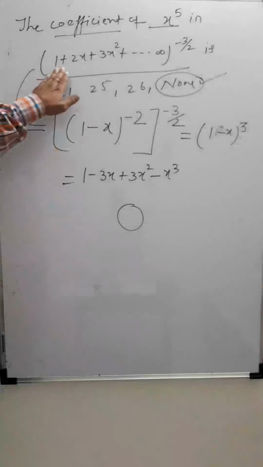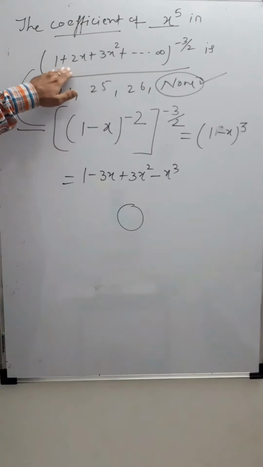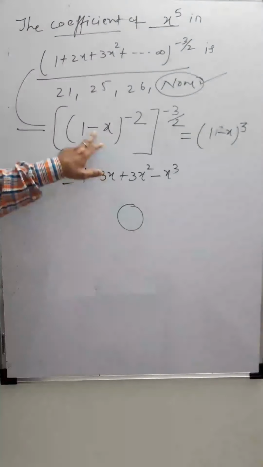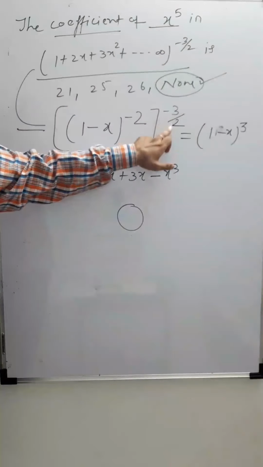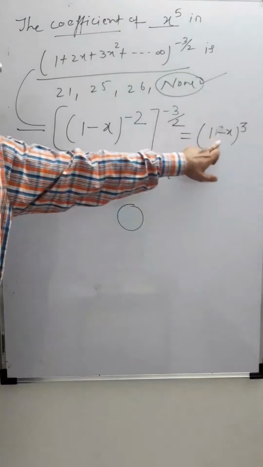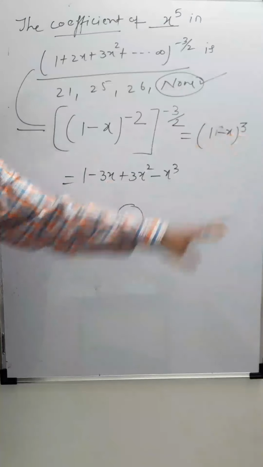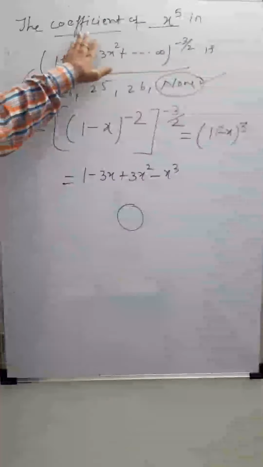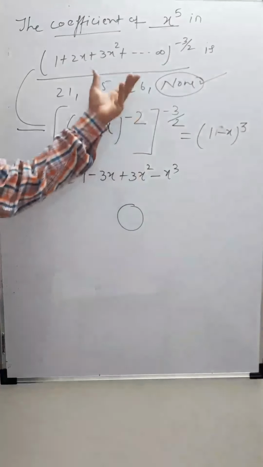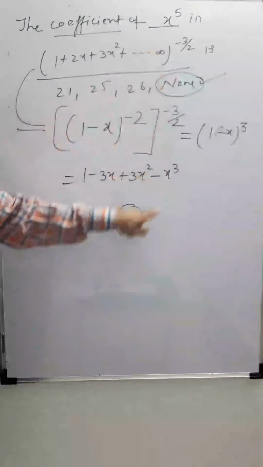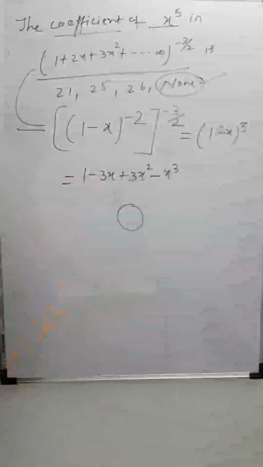So here again, this expansion is nothing but 1 minus x to the power minus 2, and then outside it is power minus 3 by 2. This we simplified, it becomes binomial (1 minus x) whole cube. And then we have to find the coefficient of x to the power 5. So x to the power 5 is not there. So the answer is 0, which is none.